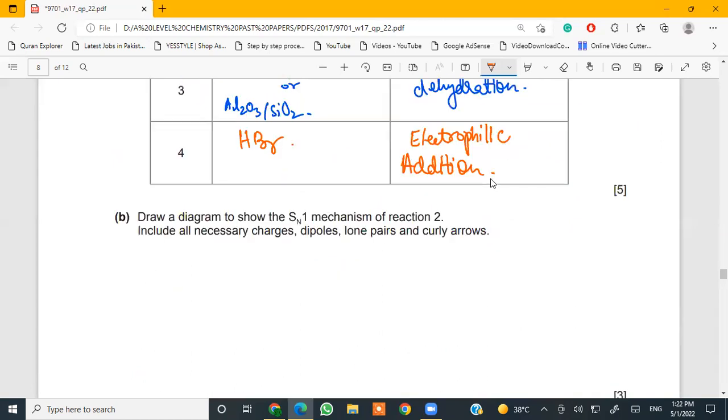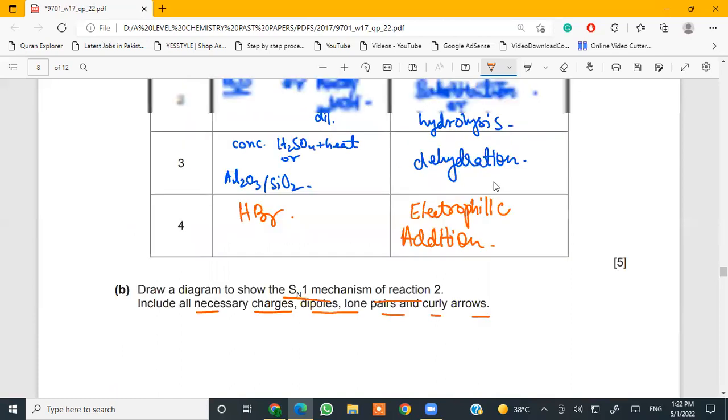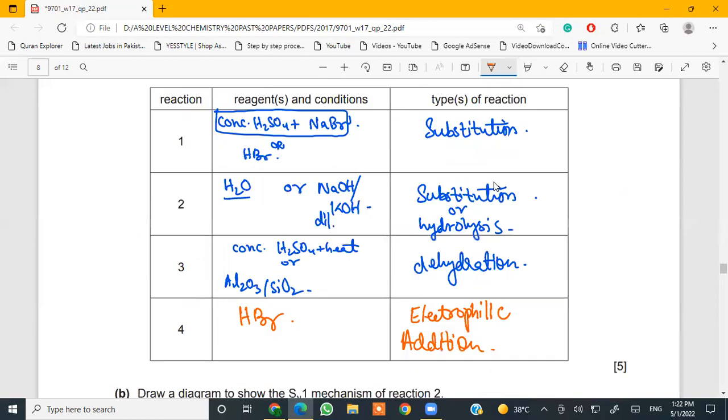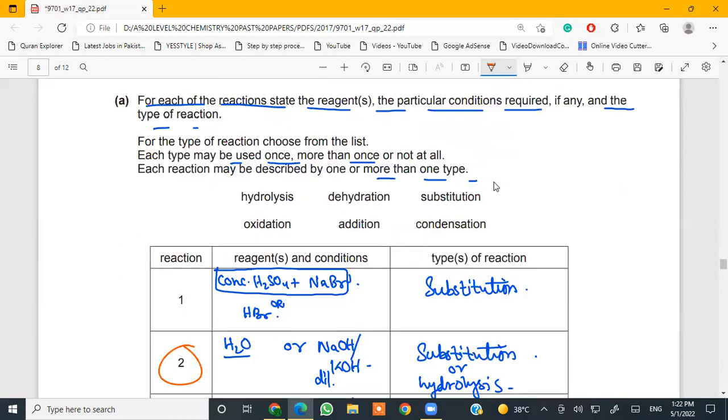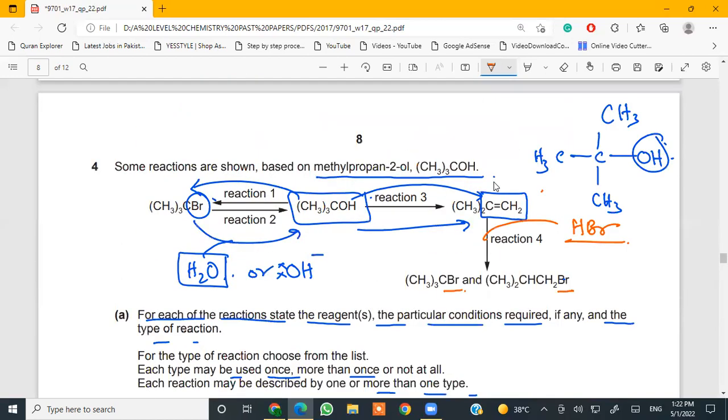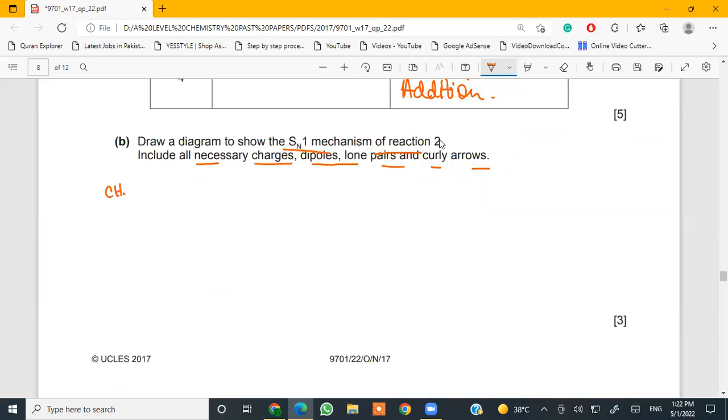Then part B says draw a diagram to show the SN1 mechanism for reaction 2 and include all necessary charges, arrows, curly dipoles, stuff like that. So reaction 2 is right over here, and it's nucleophilic substitution going from this to this. So let's write it down. CH3 thrice C, then Br.